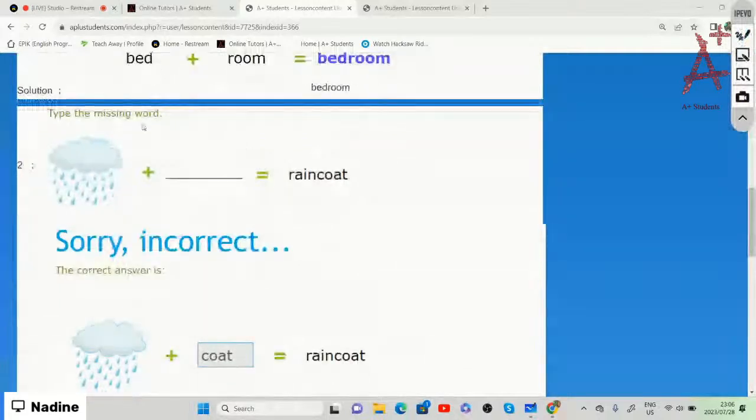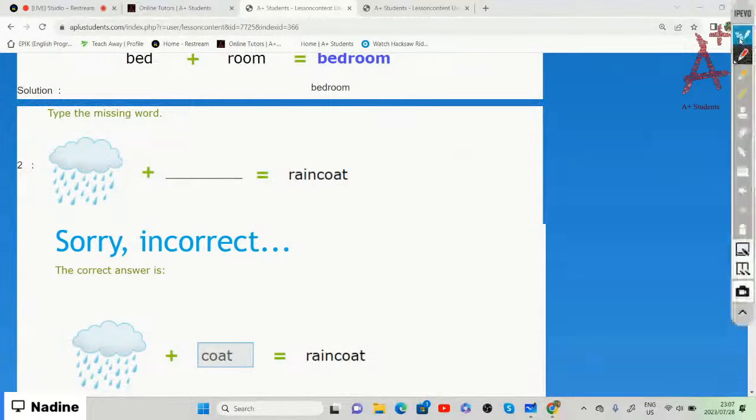All right, so if we look at the picture over here, we have a cloud with raindrops. And then there's a word missing, and the compound word is raincoat. So if the compound word is raincoat, then it means that the picture that we see is rain.